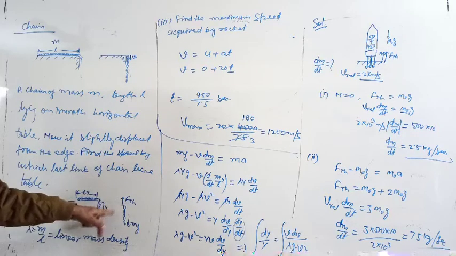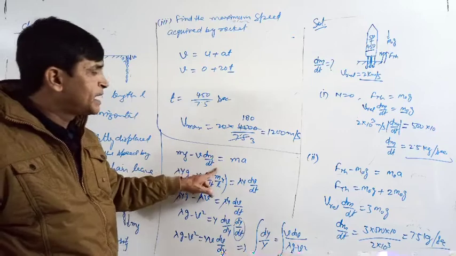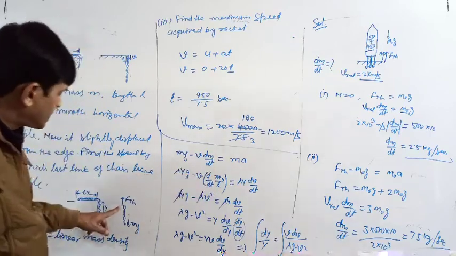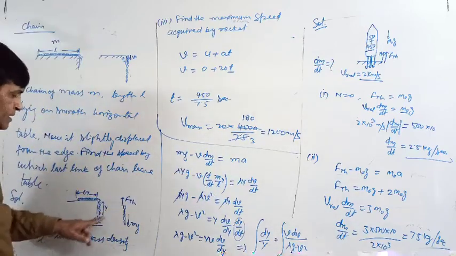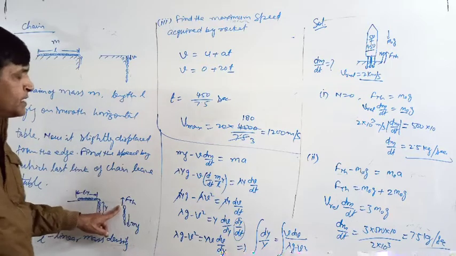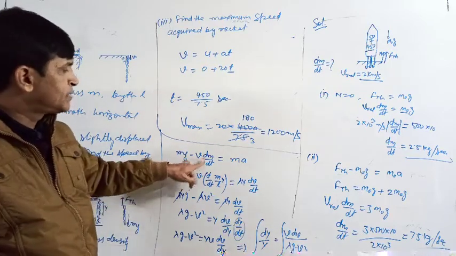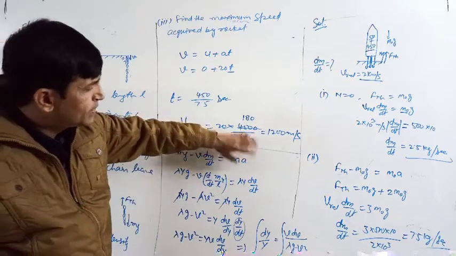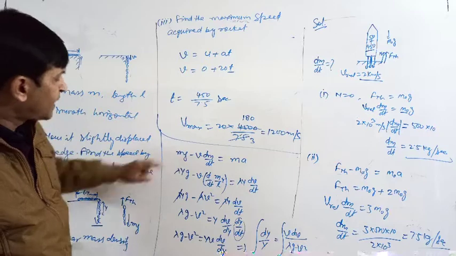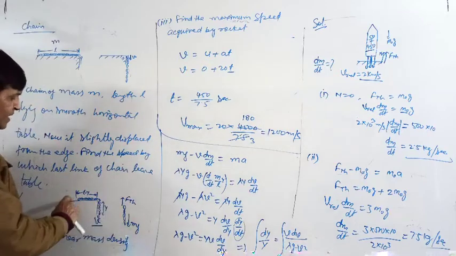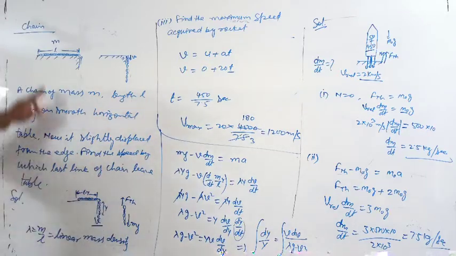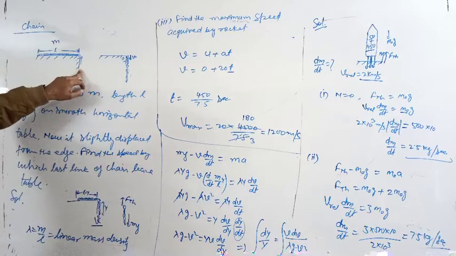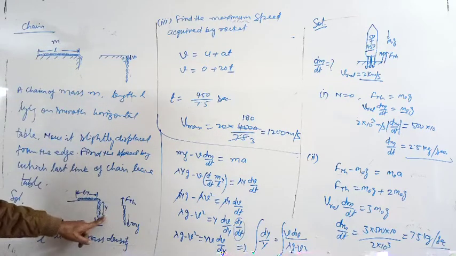That thrust force is v dm by dt, where v is the relative velocity. The net force is equal to m a, where m is the mass of this part. M is the mass of length L, but this has length only y.